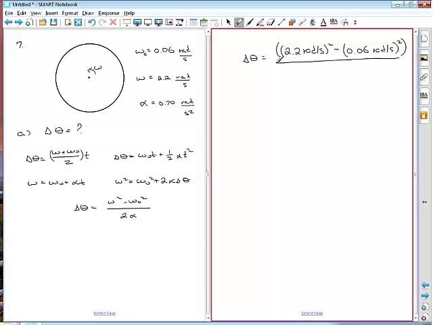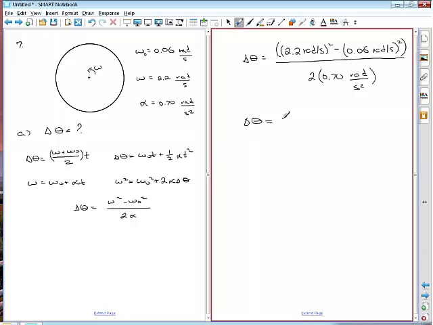And we divide by 2 times alpha, which is 0.70 radians per second squared. So we plug those numbers in. We get 2.2 squared minus 0.06 squared divided by 2 divided by 0.7.